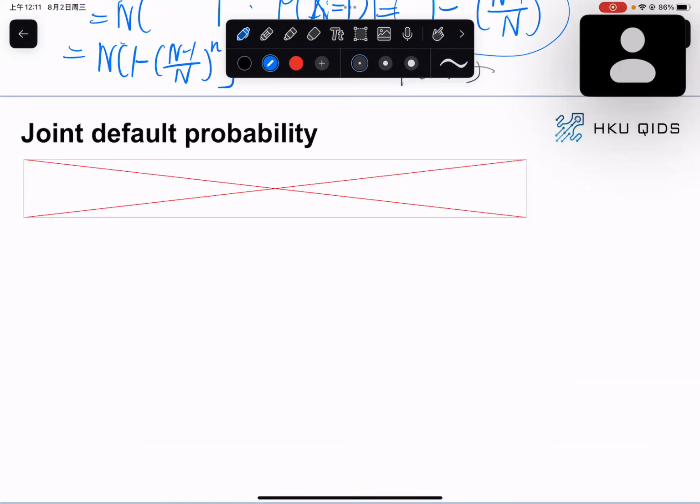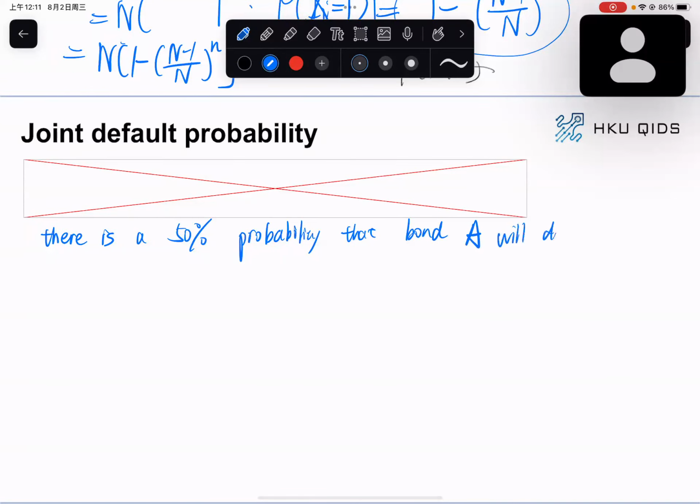So if there is a 50% probability that bond A will default, and 30% probability bond B will default.